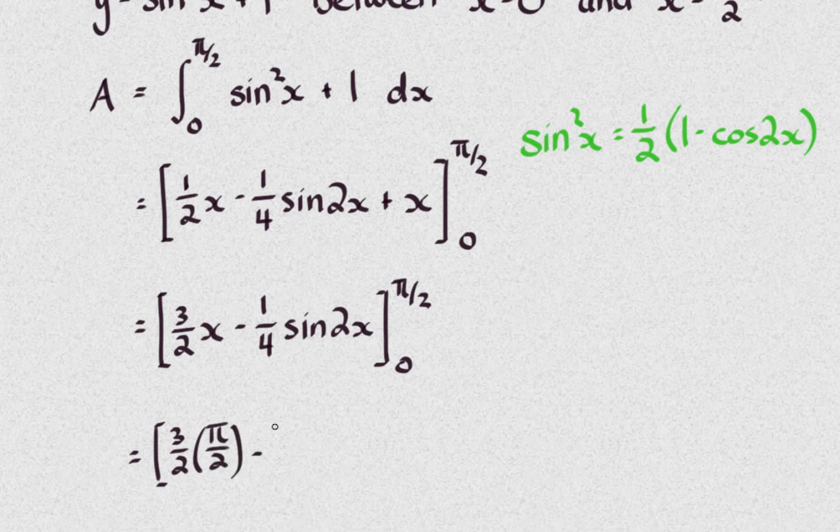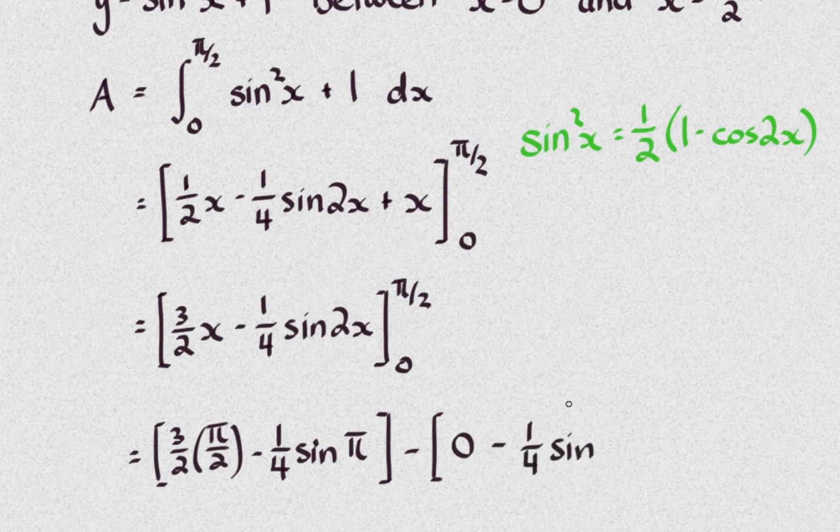Now here, when we substitute in pi on 2, this gives us 2 lots of pi on 2, which is just pi. And what about when we substitute in 0? Well, 1.5 times 0 is 0, and then we have minus 1/4 sine, and 2 lots of 0 is 0.